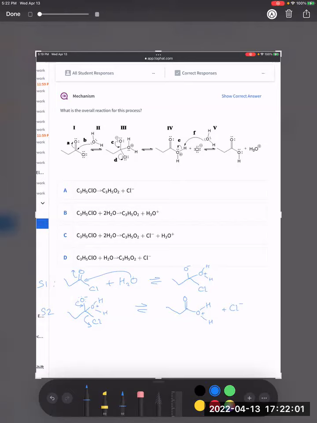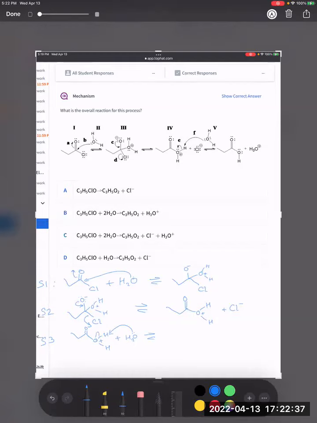And then in the third step, step 3, what is going to happen is this molecule, which has a positive charge now, is interacting with a water molecule. Okay. And then that water molecule is going to act as a base to grab one of the protons from here.